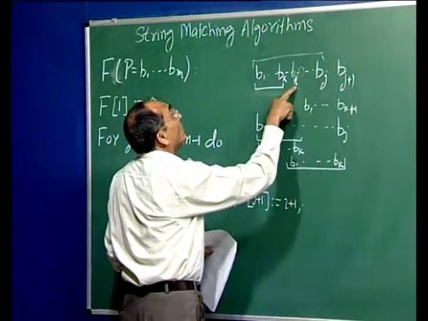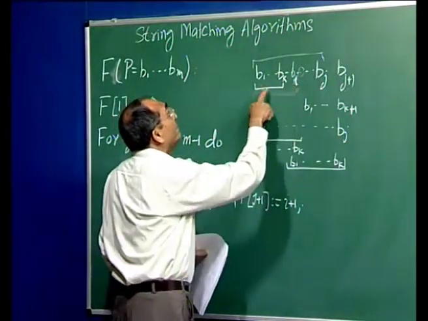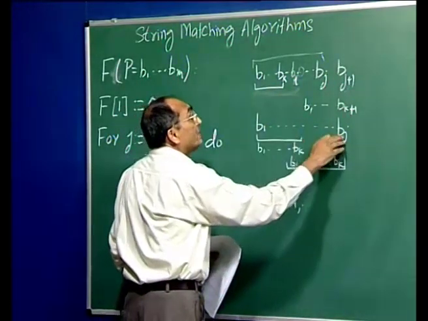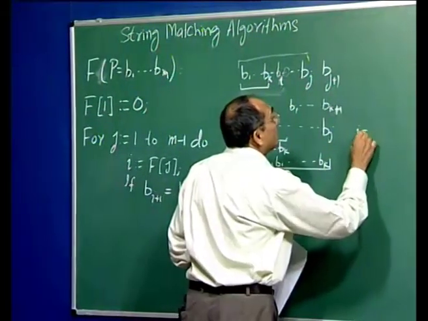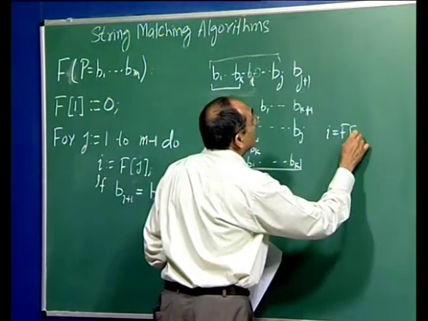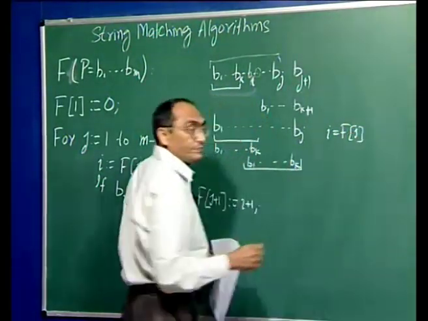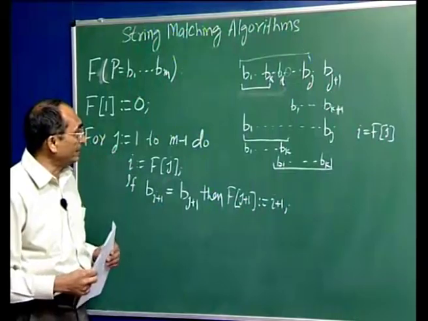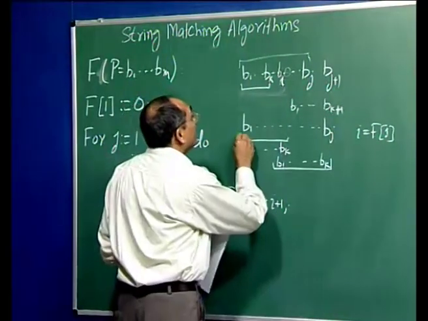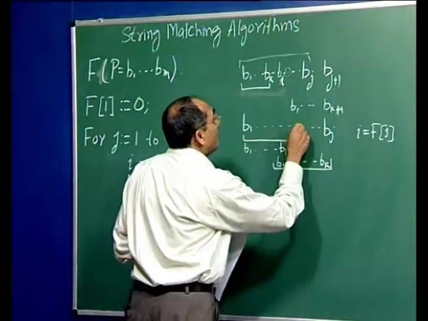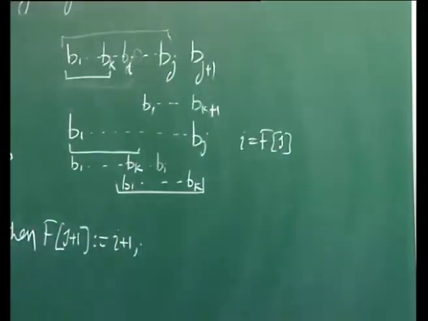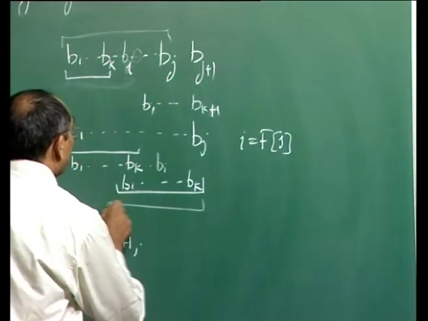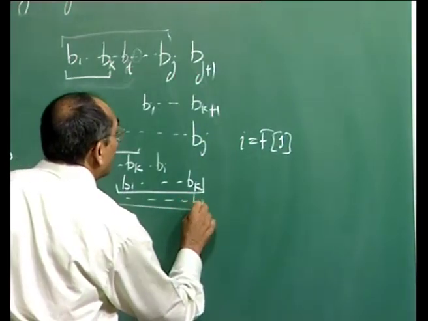But we have already a longer string B1 through Bi, which is initial and terminal in Bj, because my I is equal to f of j. I is f of j. So, there is this up to Bi, this string, and over here it is B1 through Bi.